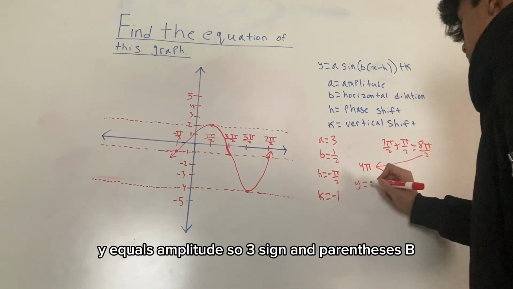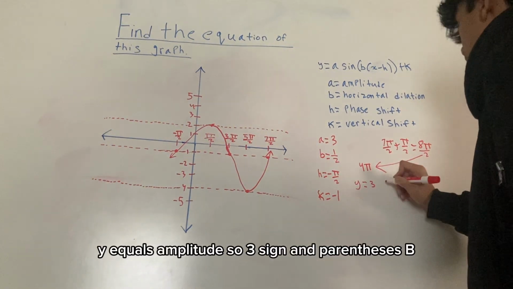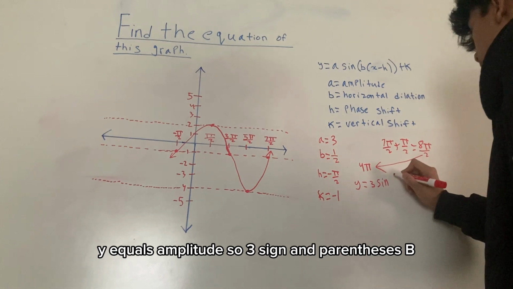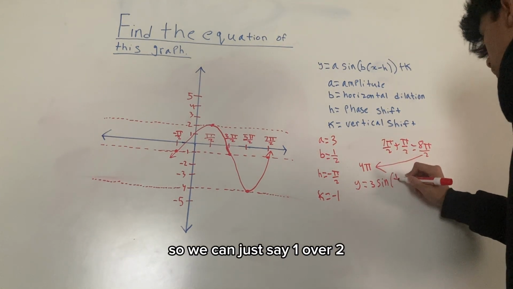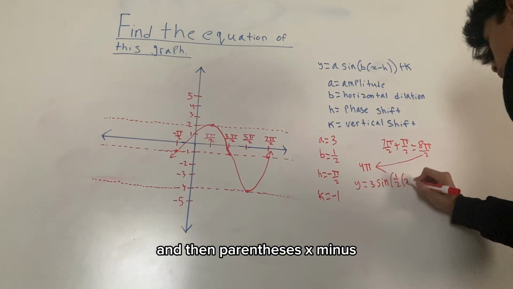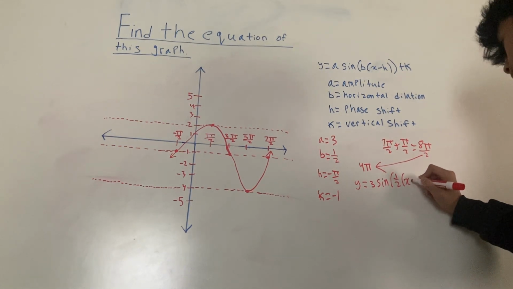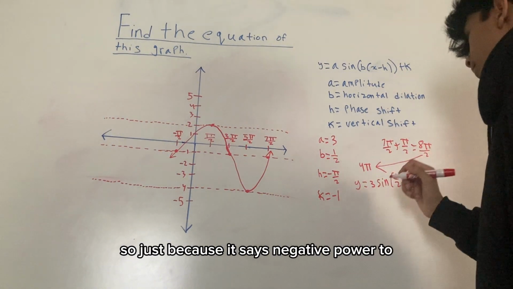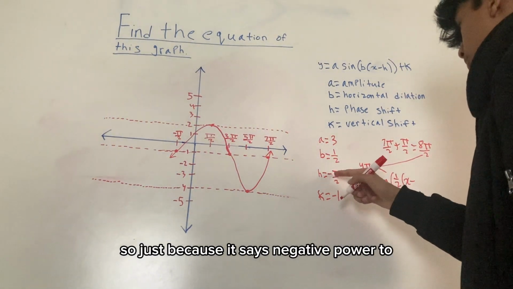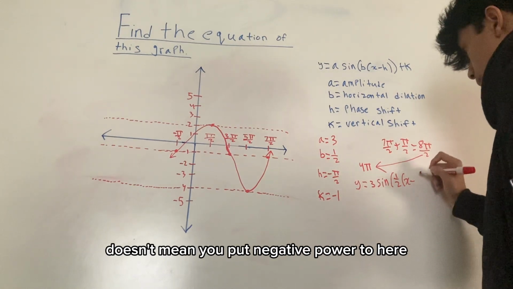Y equals amplitude, so 3 sine, and parentheses b. Now we actually have a horizontal dilation, so we can just say 1 over 2, and then parentheses x minus. Now, here's where a bunch of people get tricked. Just because it says negative pi over 2 doesn't mean you put negative pi over 2 here.